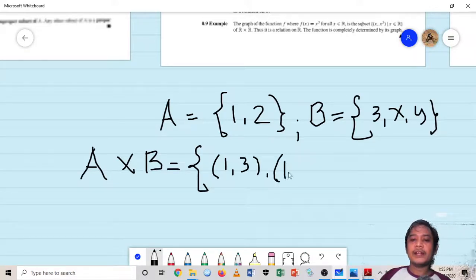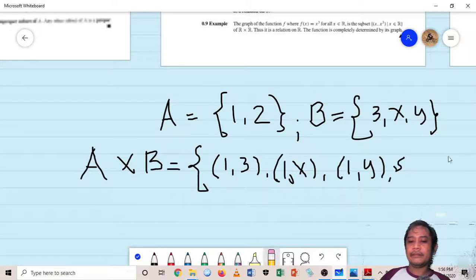Next, we have 1, X, then 1, Y, then we have 2, 3.